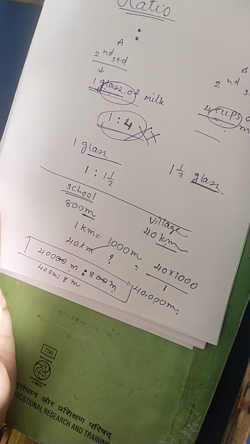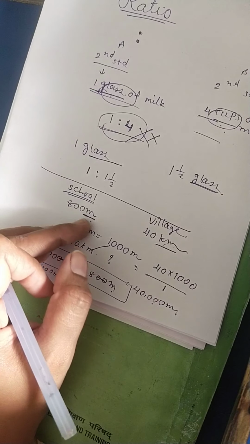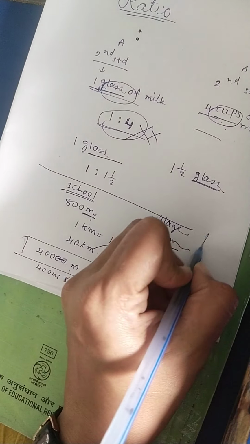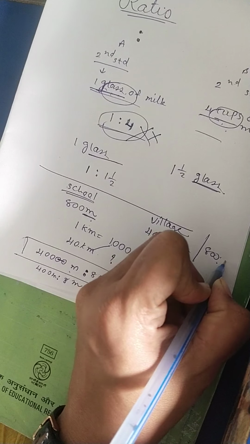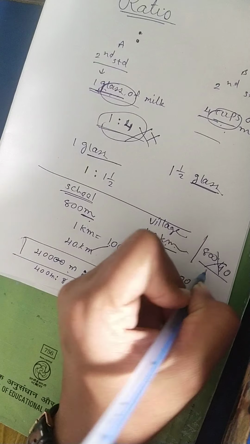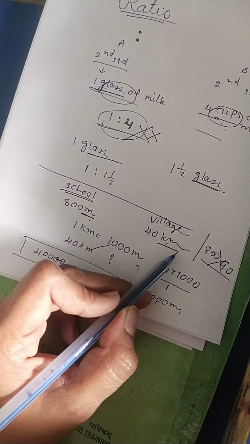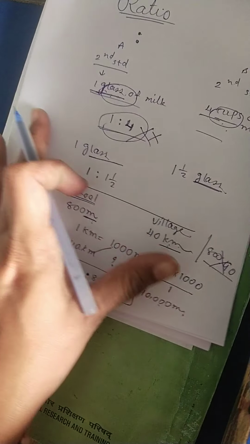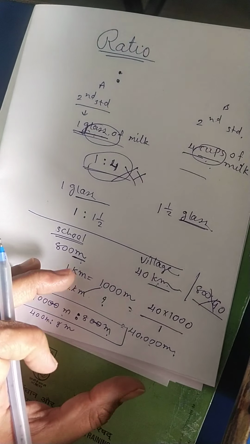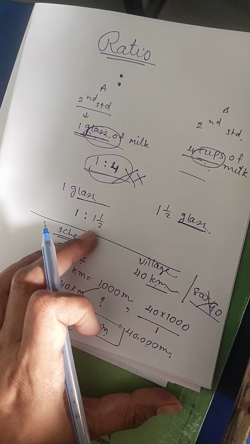Understood? Otherwise we can't find the ratio. If you directly do 800 is to 40 this way, then your answer is wrong. Why? Because the units are not the same. So this way, students, we have to find the ratios.